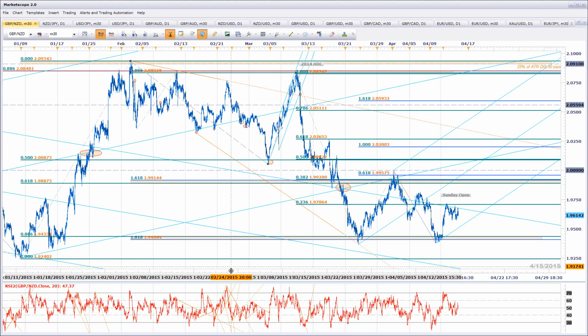All right, let me walk you through this real quick. So here's what it looks like. You completed a basic 1618 extension from the decline off of February high. So if you use these 3 reference points right here, 1618 is pretty much basically where this thing got floored at 94. That's also the lows for March.